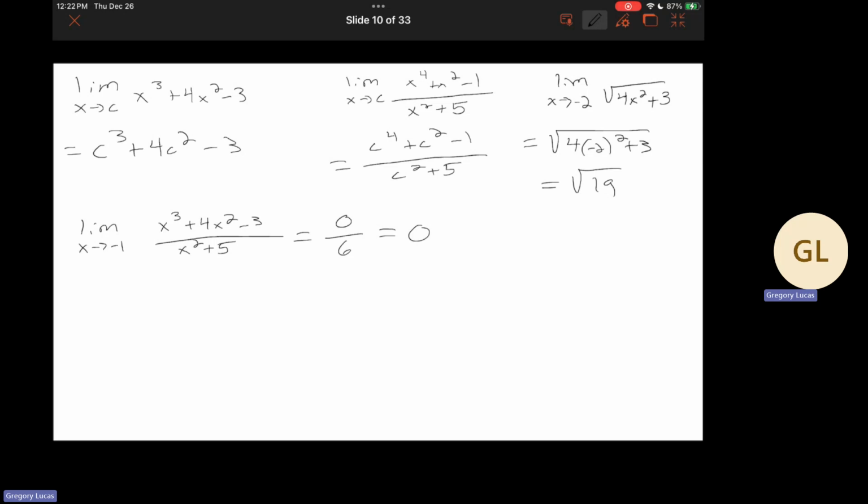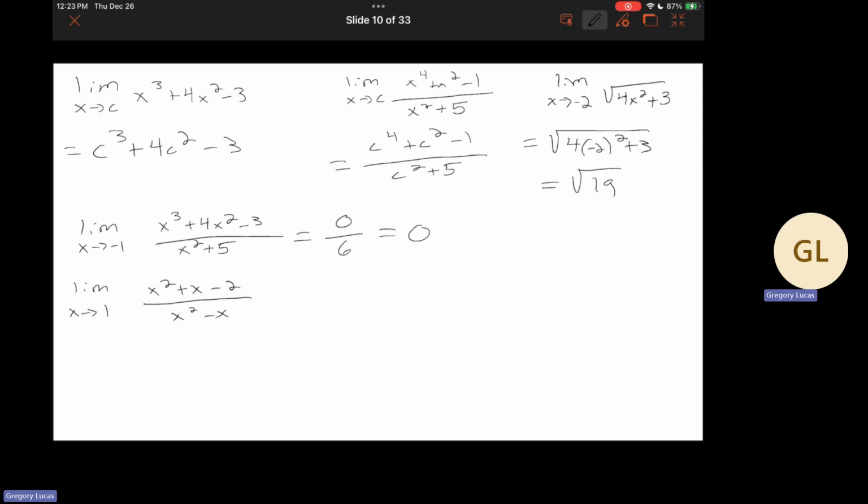What I have to watch out for is if I get 0 in the denominator. So if I had, let's say, this one, the limit as x goes to 1 of x squared plus x minus 2 over x squared minus x.